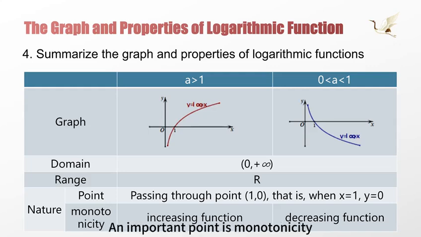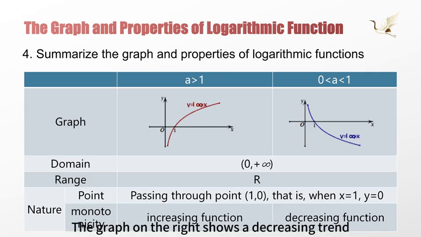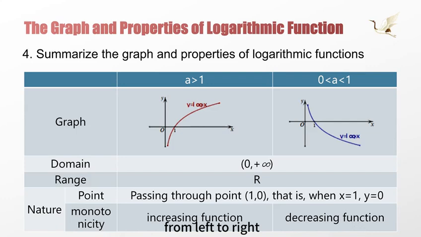An important point is monotonicity. When a is greater than 1, the function is increasing. When a is greater than 0 and less than 1, the function is decreasing. As can be seen from the image, the left image shows an upward trend from left to right. The graph on the right shows a decreasing trend from left to right.